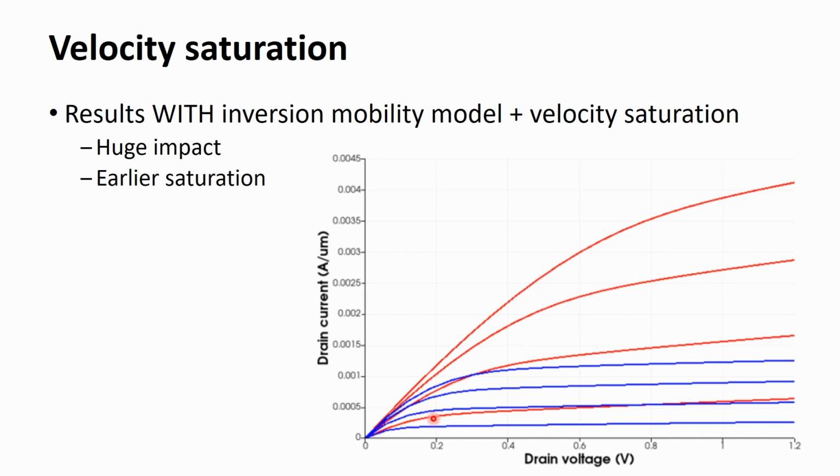Without velocity saturation, the saturation current is determined by the pinch-off. With the velocity saturation, before pinch-off becomes dominant, the electron velocity is saturated and it determines the saturation current. Therefore, the onset of saturation appears earlier.